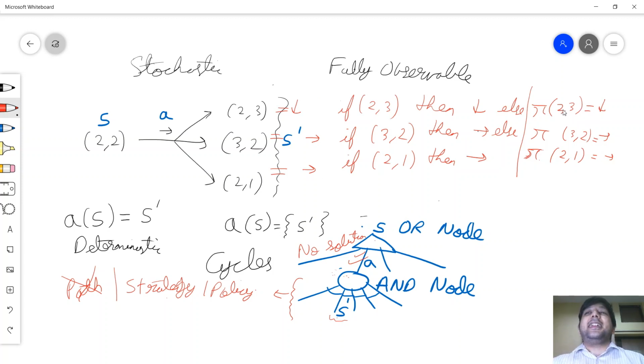If I reach through this step at 2,3, I need to go down; at 3,2, I need to go right; and at 2,1, I need to go right. In general, I will say pi of s dash is equal to a. That's just what I write. You can use whatever you like. And this pi is, of course, in the most local state as you search in the current path.